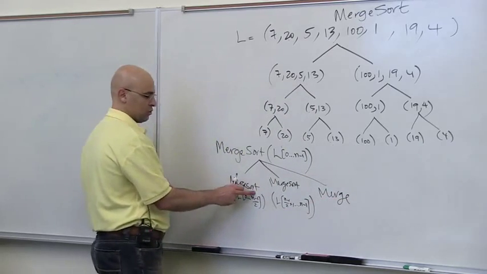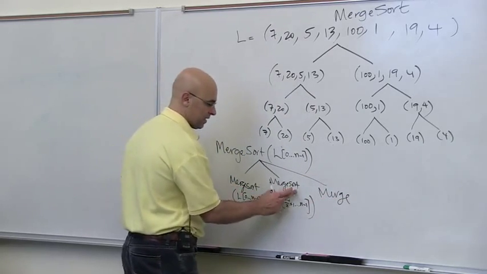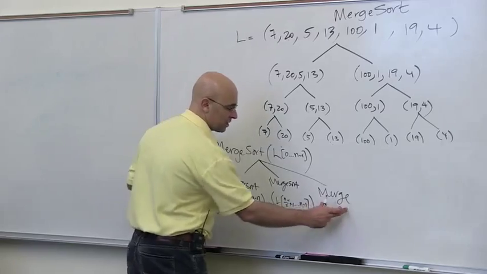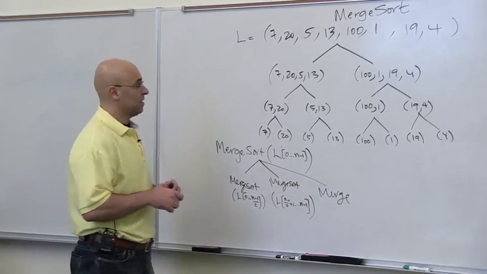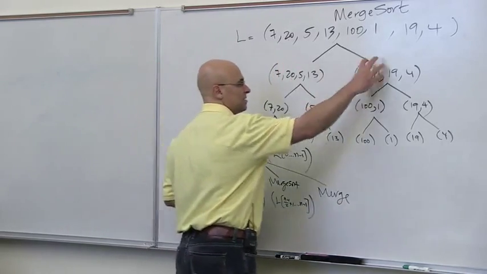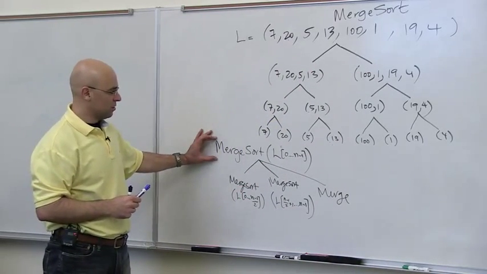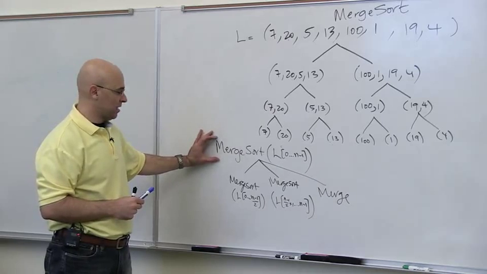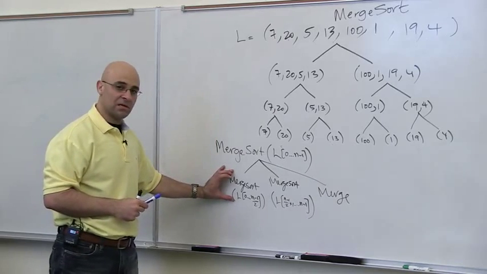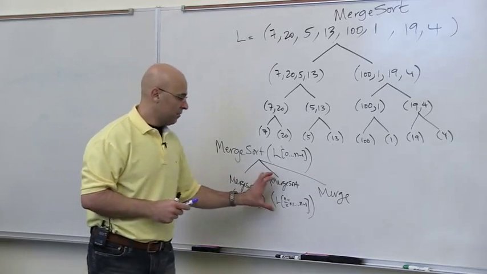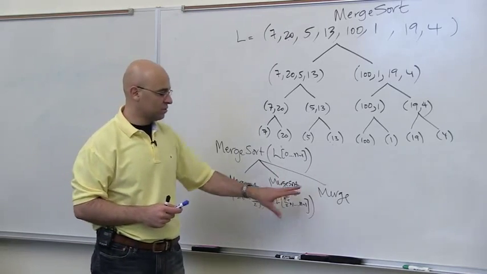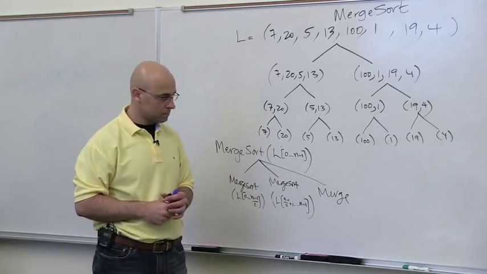Once I call MergeSort on this, I get it sorted. I call MergeSort on this, I get it sorted, and then I do merge. So I'm doing MergeSort on a list of size n. To get this, I'm doing a MergeSort on a list of size n over 2, MergeSort on a list of size n over 2, and I'm going to merge the two.